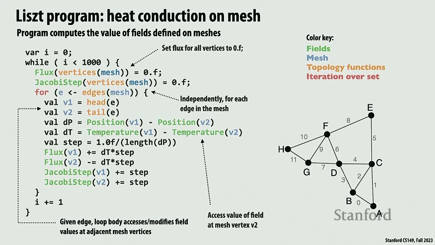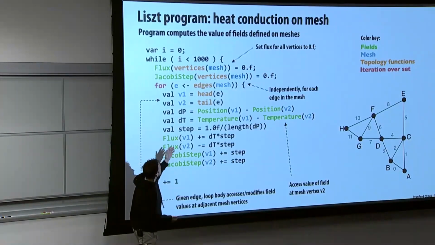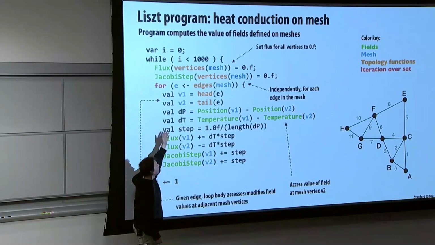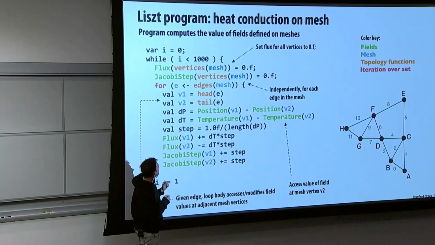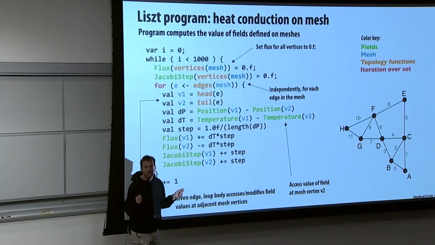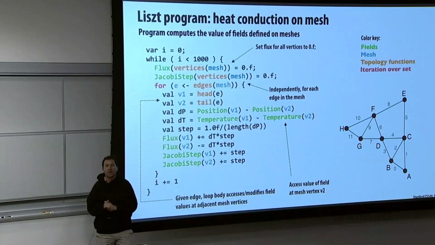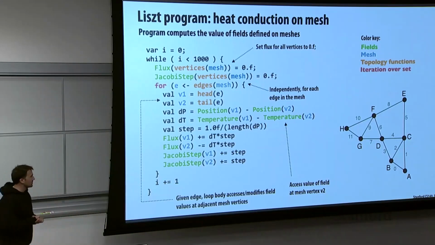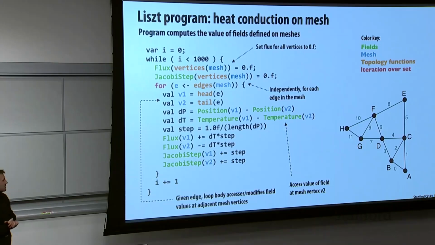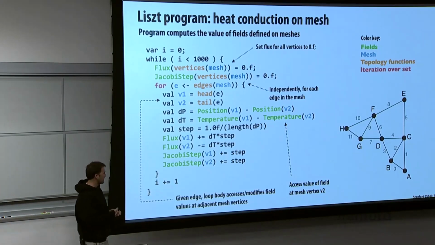So you can just kind of look at this thing. This is just an algorithm that takes position and temperature from the vertices on both sides of an edge, and then computes some computation on those values to compute the flux over that edge and distributes that flux to the various vertices. Details of the computation don't matter.